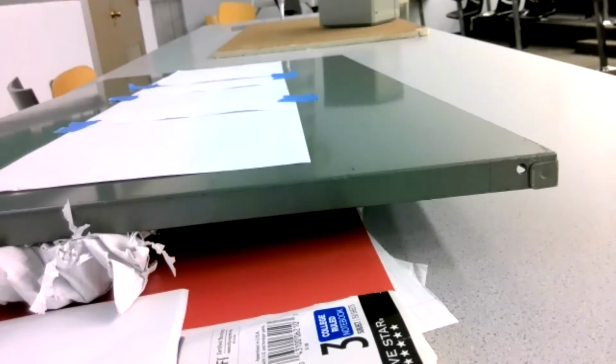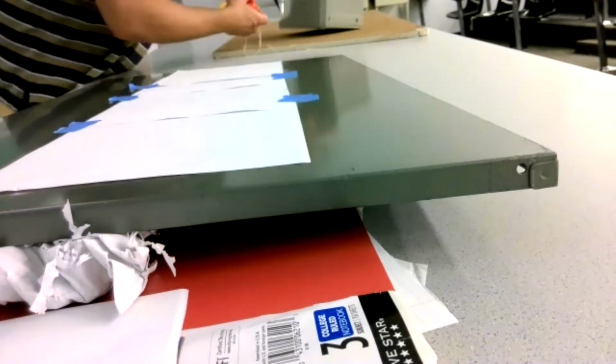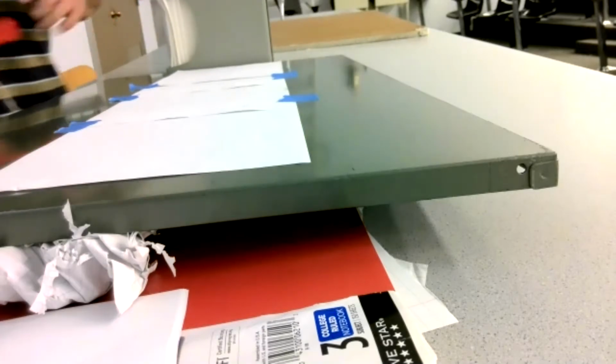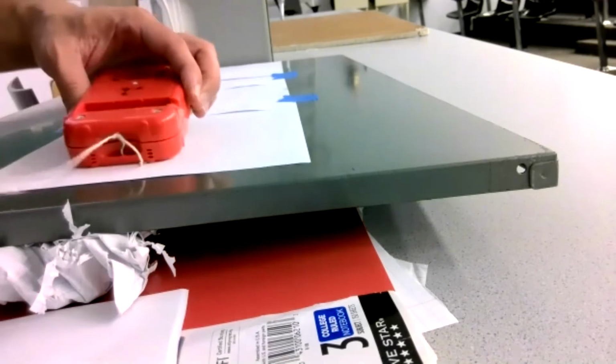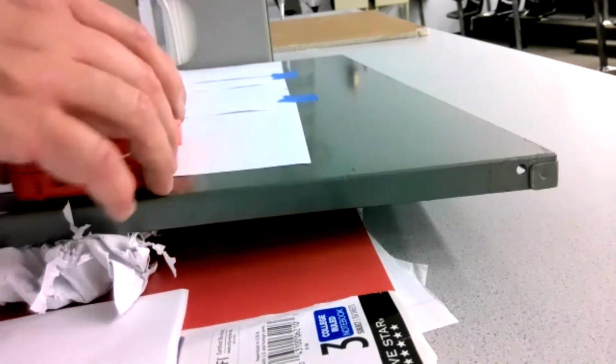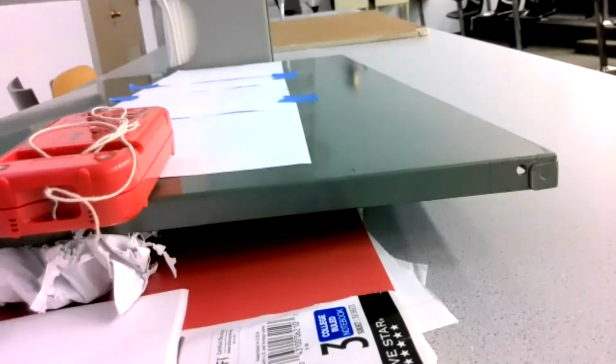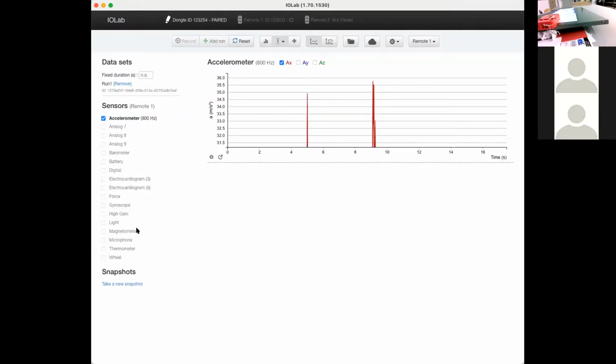All right. So we're gonna do our initial run. I guess this napkin holder. Okay. All right. So we'll do the initial one, and I'll start it. I'll just lift it up so it goes down the thing, and we'll see. Okay, so I'm going to use the force sensor this time.